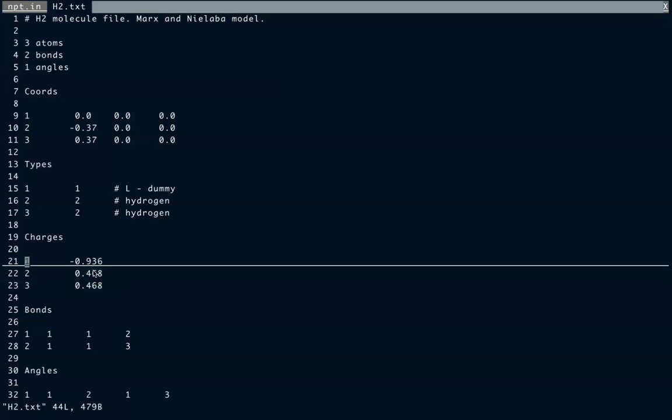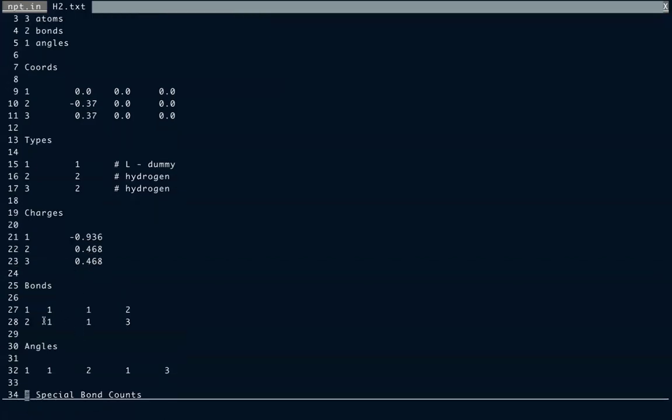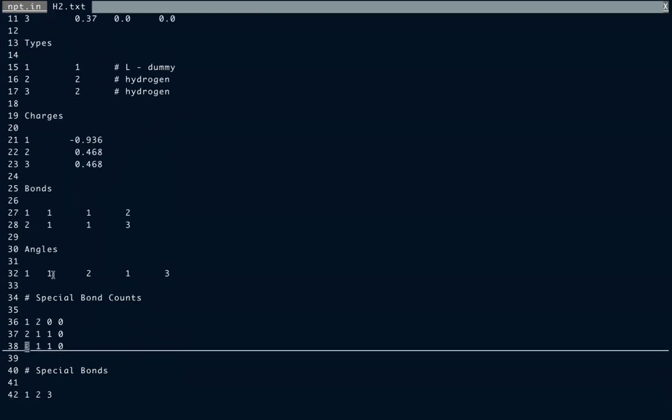What's important to notice is that overall, the charge neutrality is maintained, because if you sum up all three, you have zero charge. Similarly, bonds. You have two bonds, each of the same type. The first bond is between 1 and 2, that is between the dummy and hydrogen. And the second one is as well between dummy and hydrogen, which is 1 and 3. Finally, the angles.